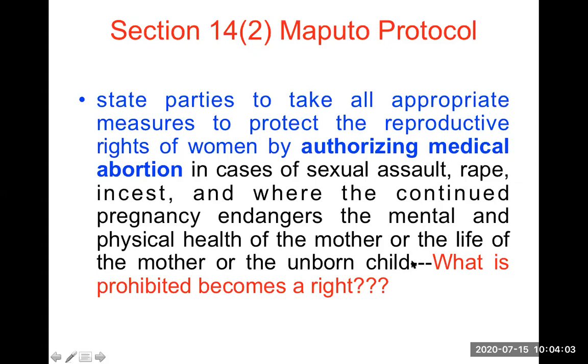So what we have prohibited in our Constitution is now a right by virtue of the Maputo Protocol. And our Constitution in Kenya makes any international human rights instrument that Kenya has ratified part of the law of Kenya, even without domestication.